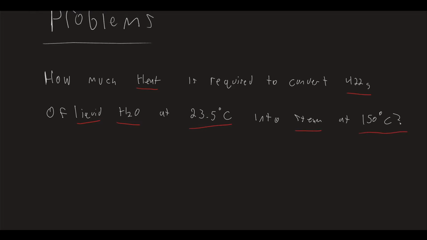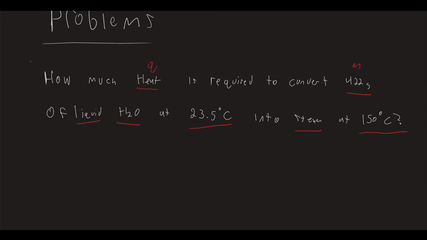So I did underline a lot here, but it's not really that much if you think about it. So we have a Q value here. So we want to know Q. We have a mass right here. We have a state here. So this is our initial state, and here is our final state. Here is our initial temperature. Here is our final temperature. Here is our compound.